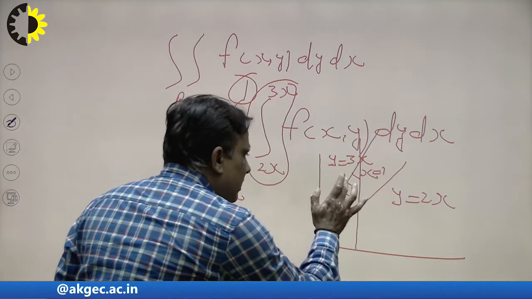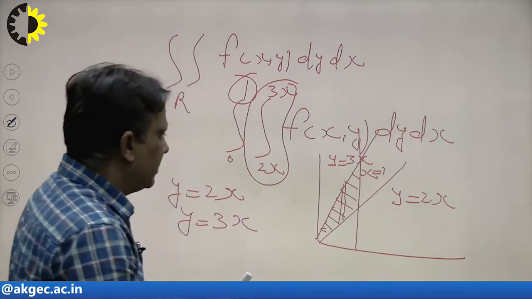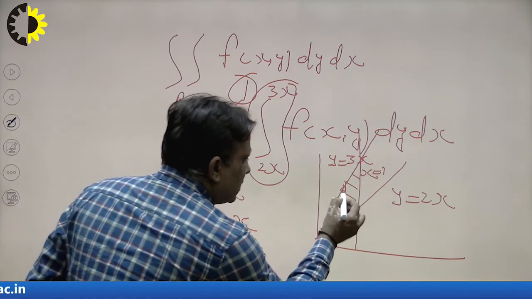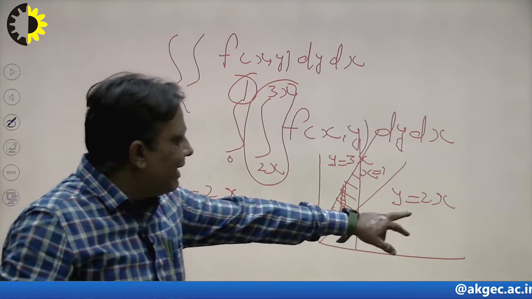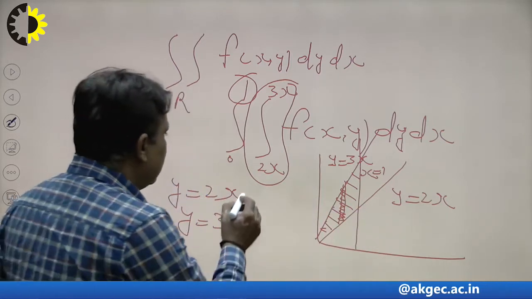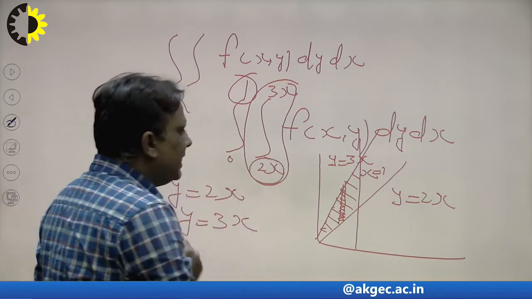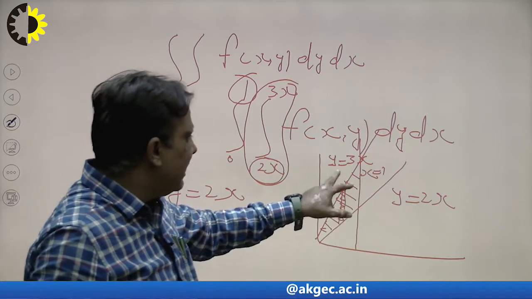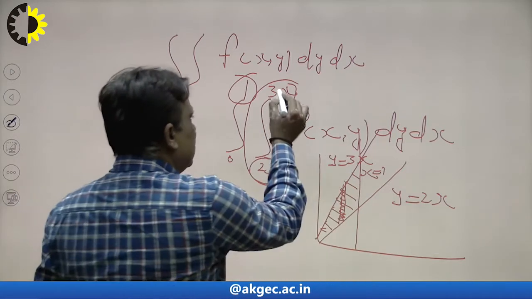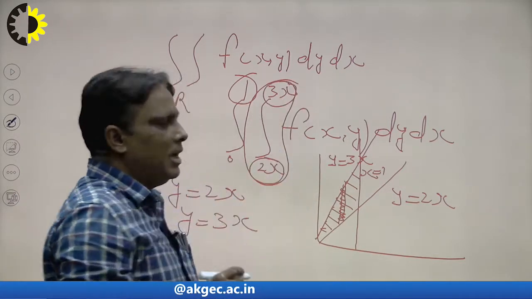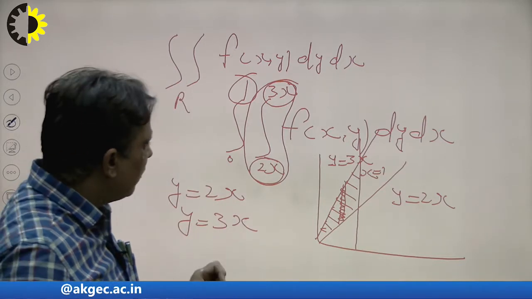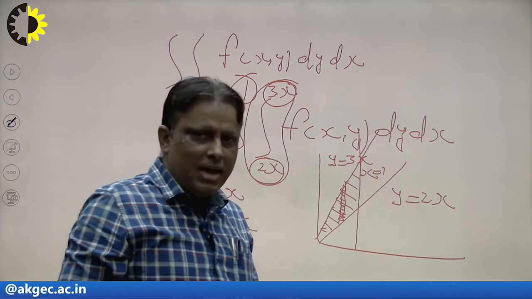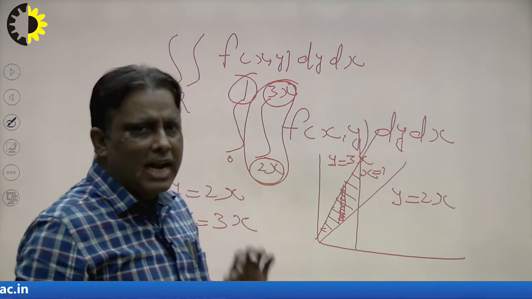I select a strip here; the lower part of this strip touches the line y equals 2x, so that is the lower limit, and the upper end touches y equals 3x, so y equals 3x is the upper limit. That means this region is 100% correct. So first of all students draw the region and check that the given region is correct or not.